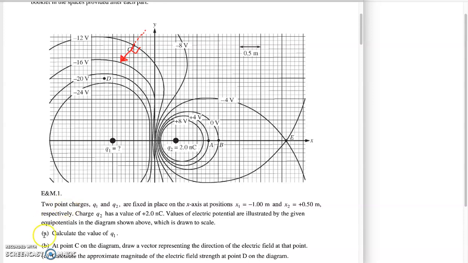All right, part C, calculate the approximate magnitude of the electric field at point D. So if we take a look at point D, here's point D. And we can calculate the approximate electric field using the distance and the electric potential difference between those two lines that are the equipotential lines.